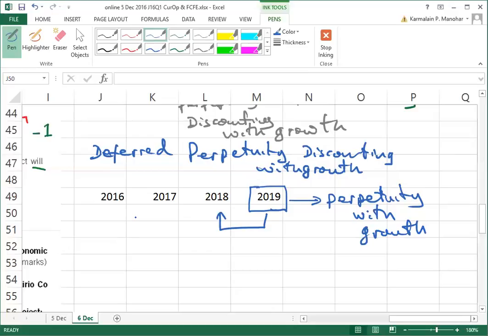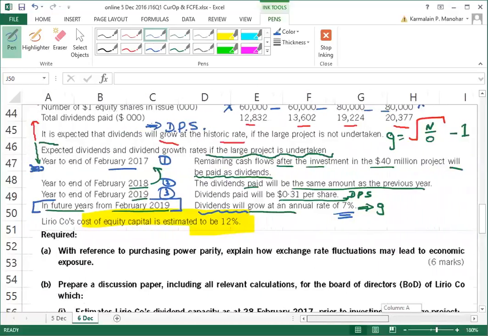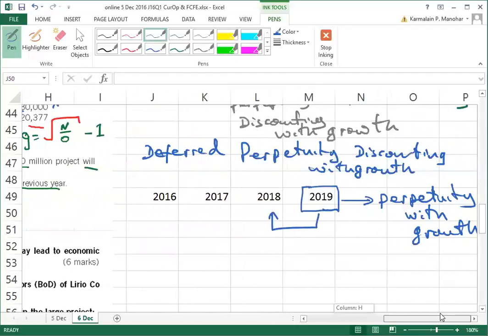So 2019. Oh, I think I need to restart where I did this. So when we come back here, in the future years from 2019, so the end of February 2019 is still the old. The perpetuity didn't start yet. The perpetuity is starting from February 2019. It's the start of the year. So when is the year end for that final dividend, which is going to be growing in perpetuity?